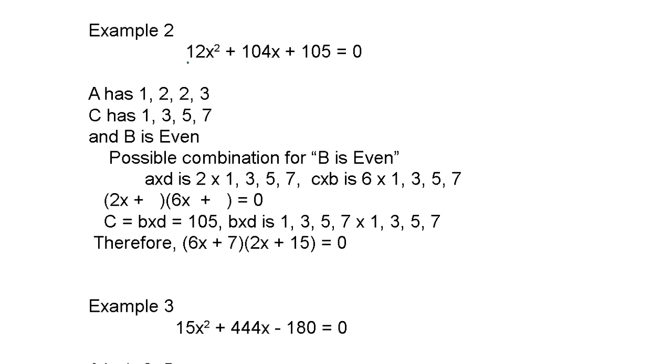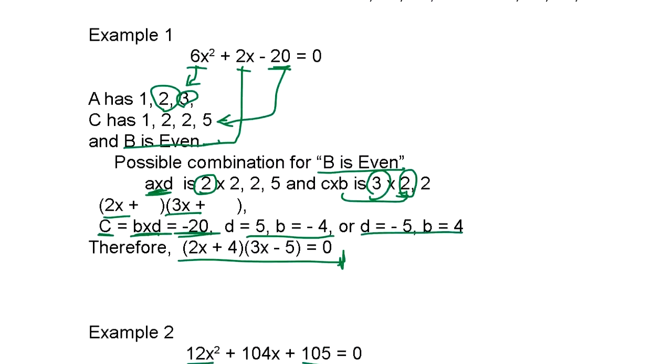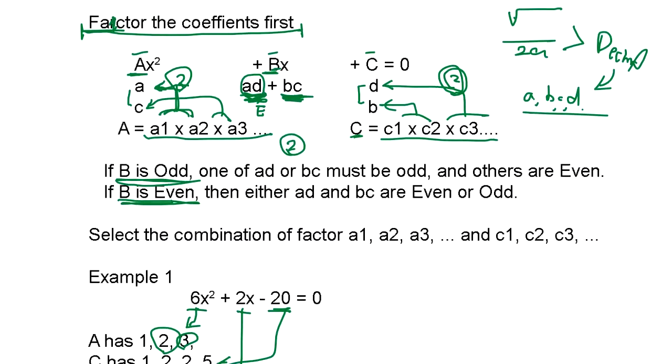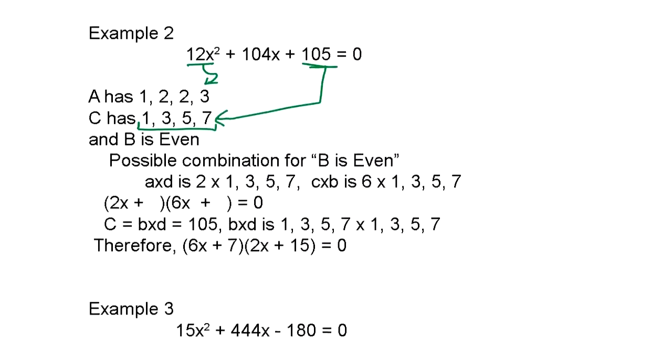Now we have a little bit bigger number, 12 broken into 1, 2, 2, 3, and 105. Look at that, it's all odd numbers. Remember capital A is a times c and capital C is b times d. We have to allocate the numbers.